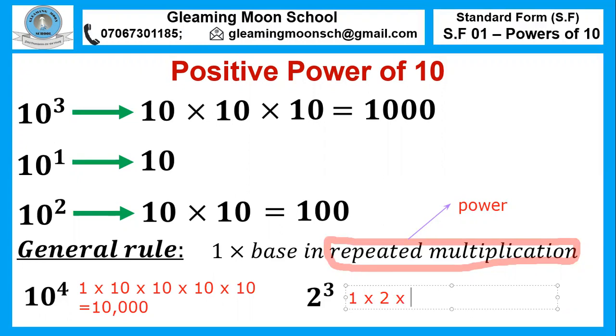So we have 2 times 2 times 2. So can you see 2 is multiplying itself 3 times? And what would that give us? So 2 times 2 is 4, and 4 times 2 is 8. So 8 times 1 is going to give you what? 8.